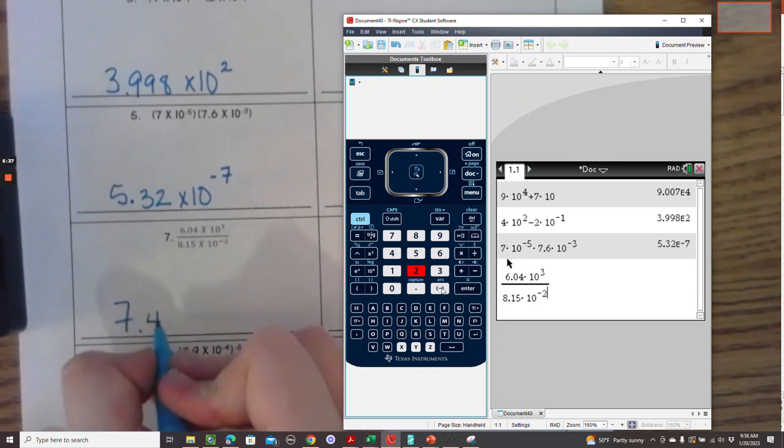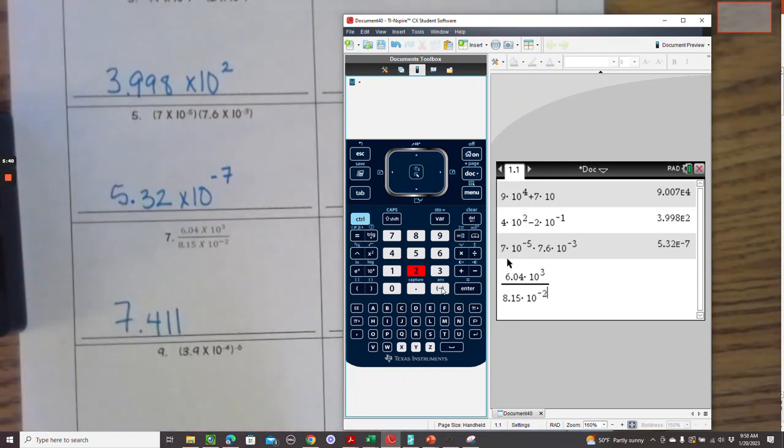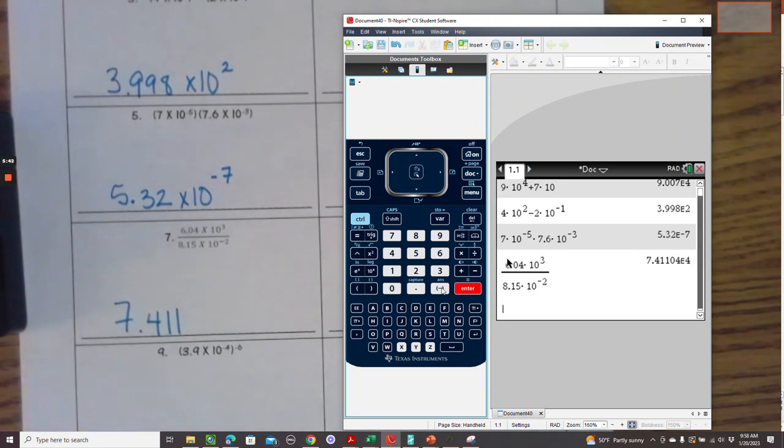7.4 should be just 1, 1. Oh. I got a 0.4 on there too. I know what I did. I put the point 2 much over to 60 instead of 6. 6, that's what it is, 6.04.